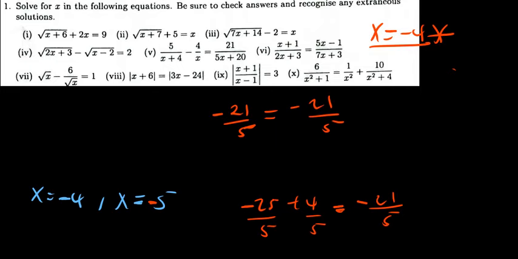So the only solution for this equation is that x should be equal to negative 5. As simple as that. So now I've solved this one. I want you to go ahead and solve this one and that one using the same principle which I've used for part 5.